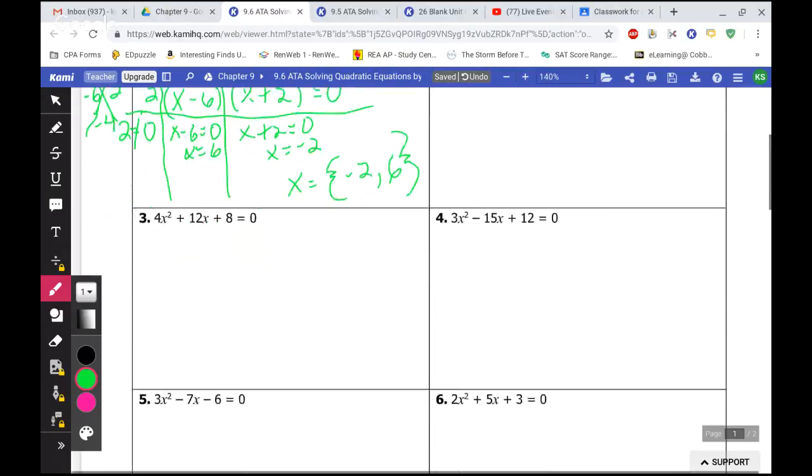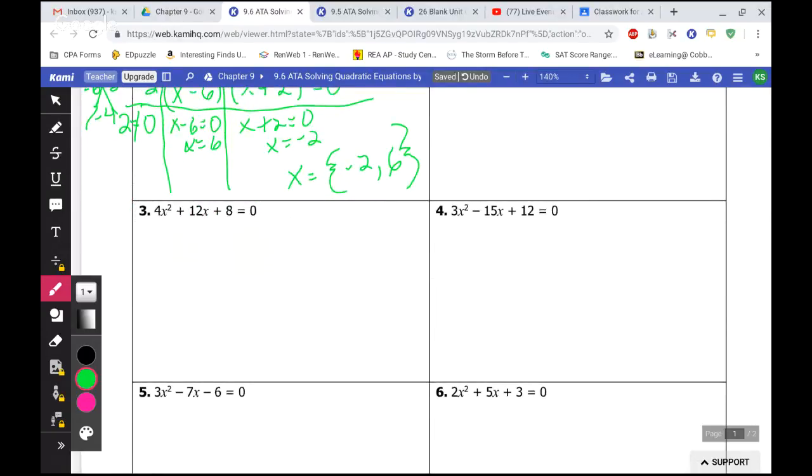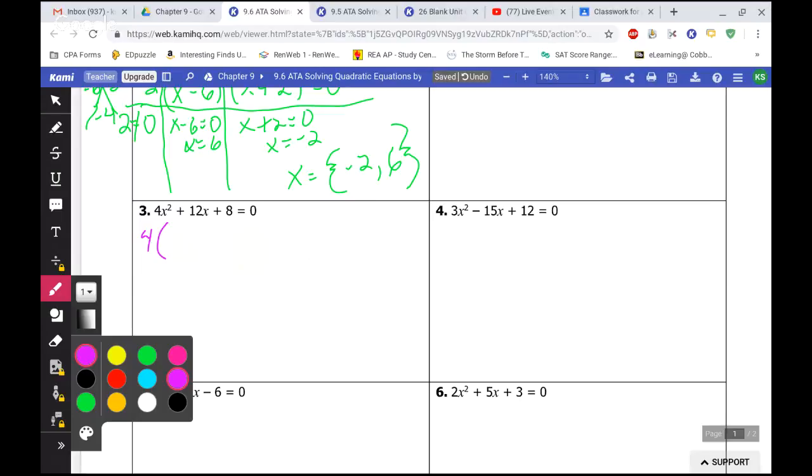All right. Number 3. There is a greatest common factor here also, of 4. So if I take a 4 out of 4x squared, it leaves me x squared.